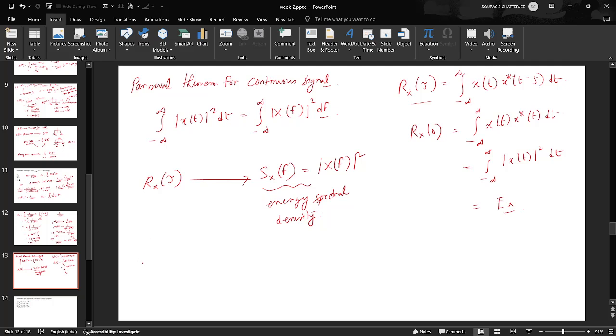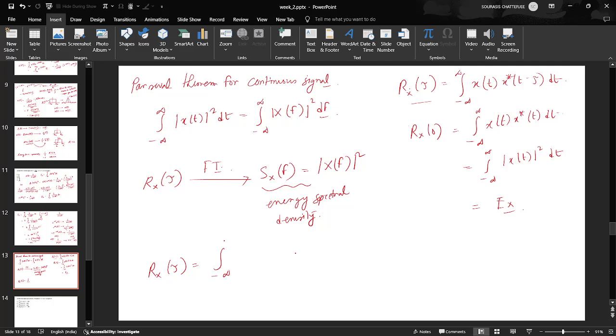On the similar note, this is the Fourier transform. So if I am interested in the inverse Fourier transform, we want to obtain Rx(tau) from Sx(f). How will we obtain that?